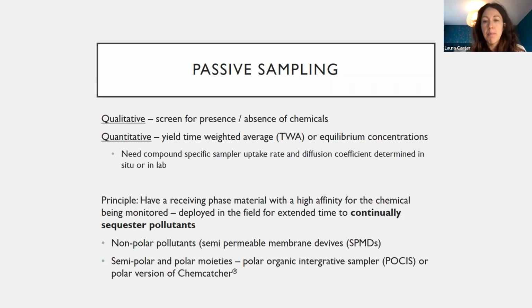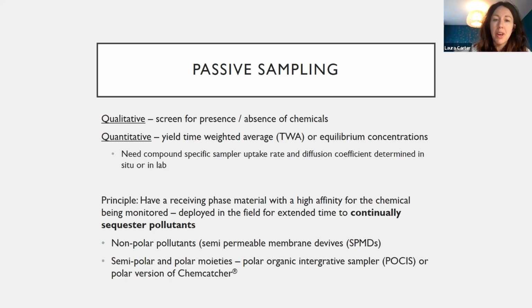Passive sampling really overcomes some of the disadvantages that I've talked about with grab samples, because in theory, it objectively reflects the overall pollution situation of your substances in the surface water.